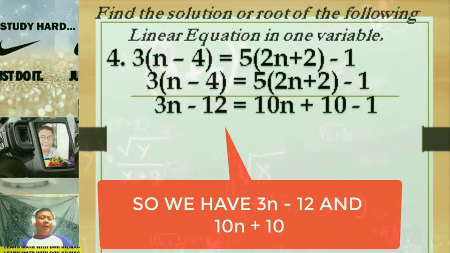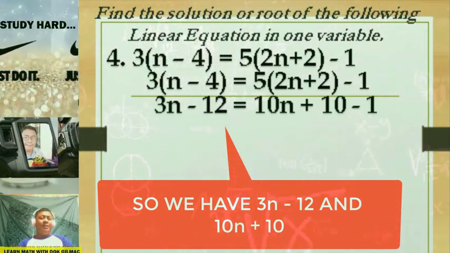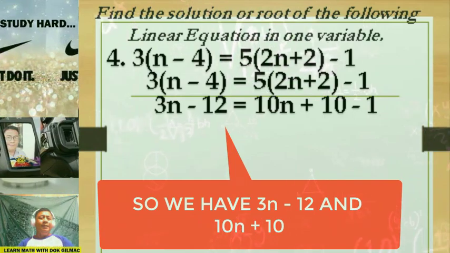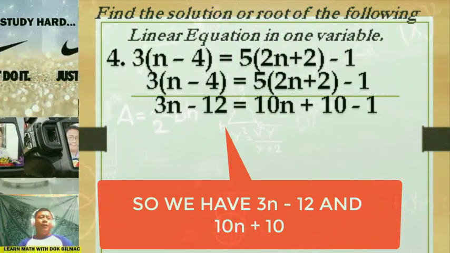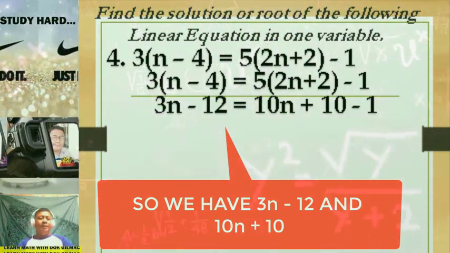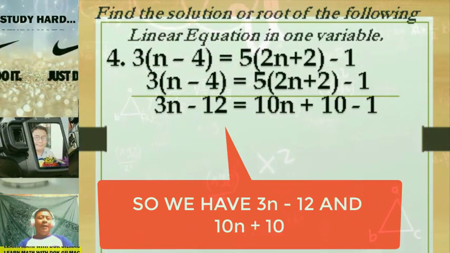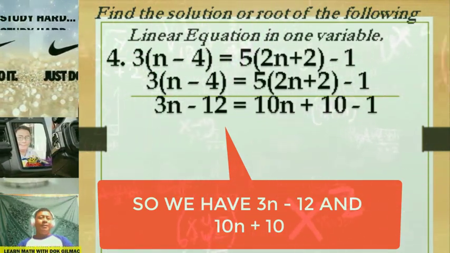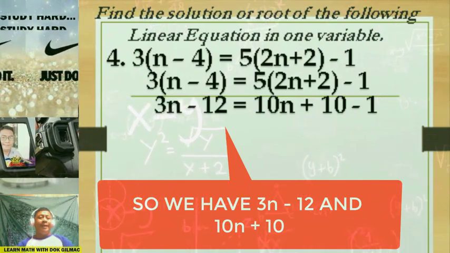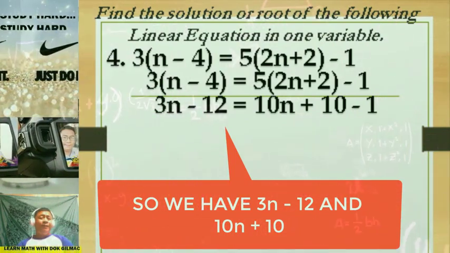So we have 3n minus 12, since 3 times n is 3n and 3 times negative 4 is negative 12, is equal to 10n plus 10 minus 1, since 5 times 2n is 10n, plus 5 times 2 is 10.